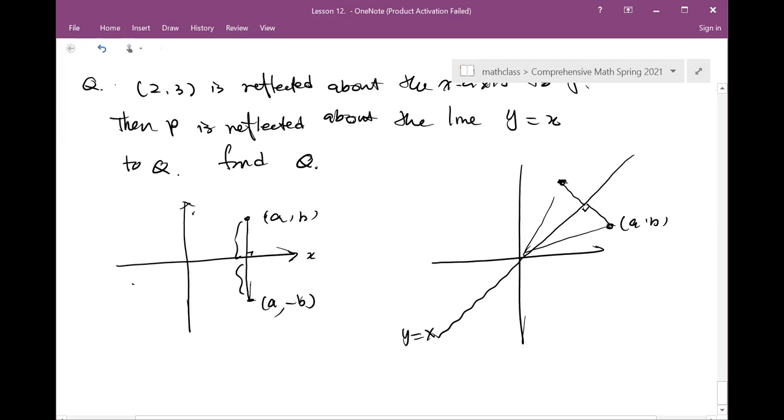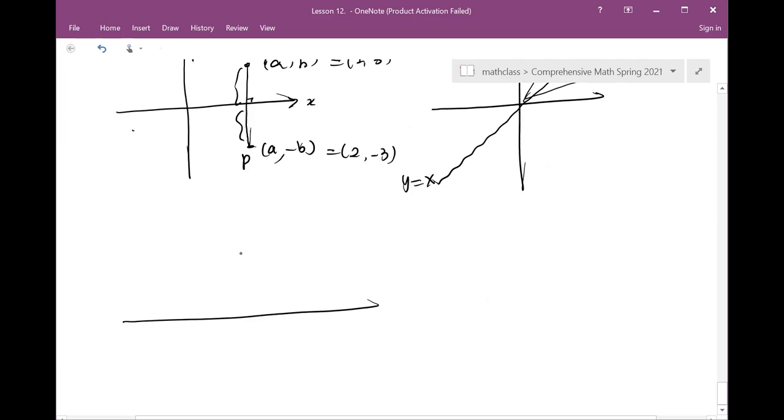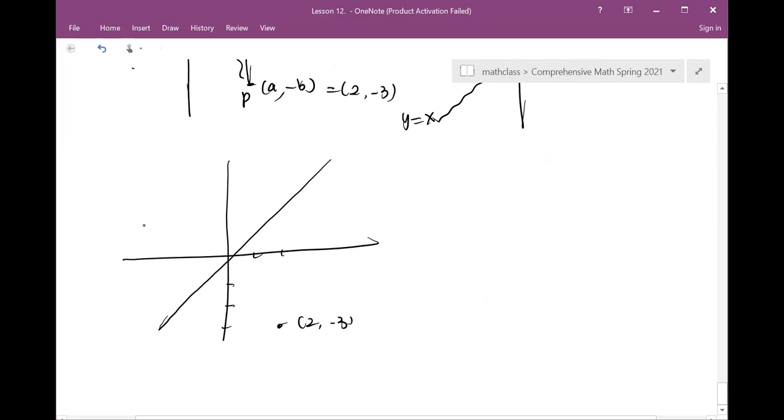So let's do the problem step by step. Okay. The first point has coordinates 2 and 3. Then this point has coordinates 2 and -3. Okay. So let's go here, 1, 2, 3, and 2 and -3. Okay. So actually I want to get some point here.